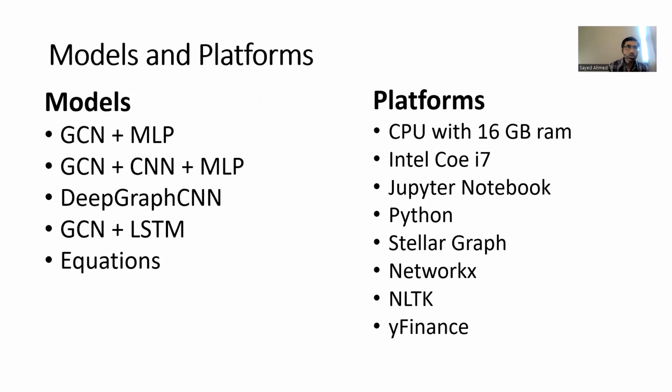Okay. So models and platform. These are the different models that I used, as I also said before: GCN plus MLP, GCN plus CNN plus MLP, and Deep Graph CNN. Deep Graph CNN is a built-in model inside the Stellar Graph library. It has several GCN layers and some CNN, using different sorts of pooling and convolutional 1D. So I tried to utilize that for this prediction.